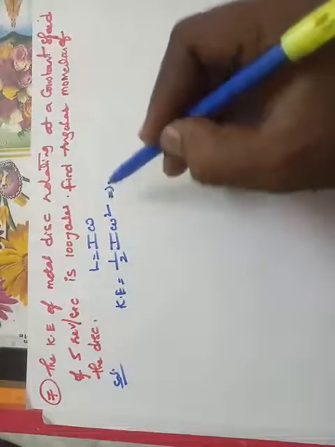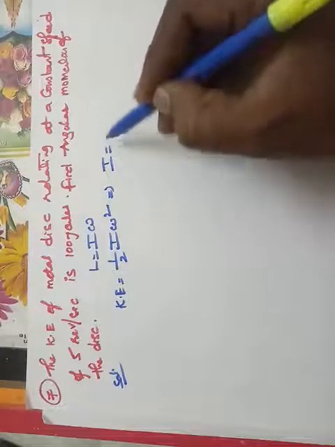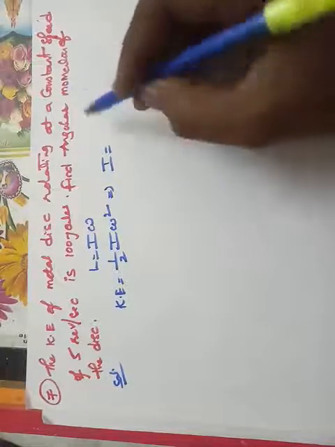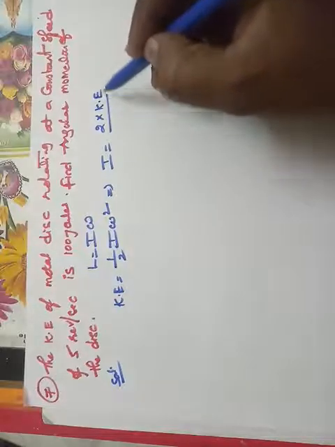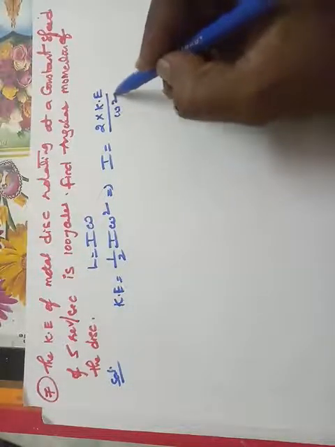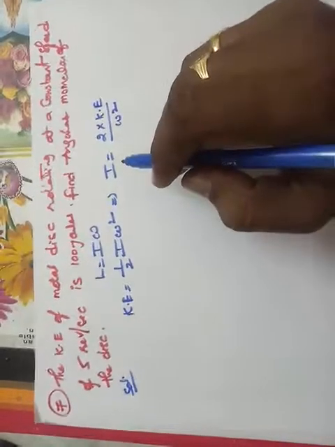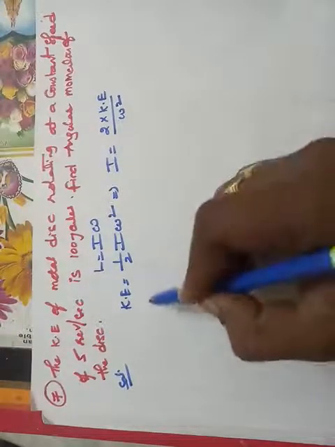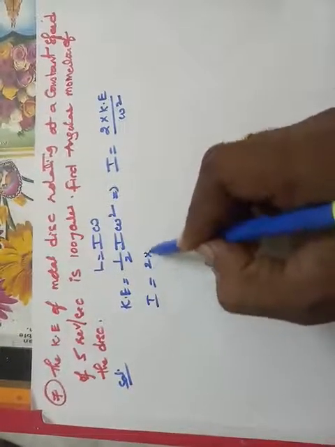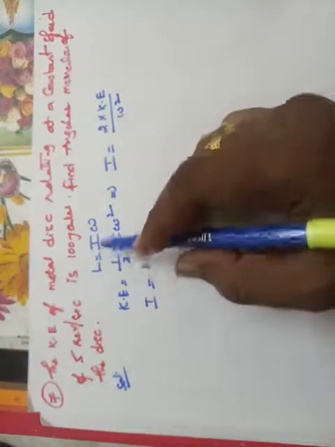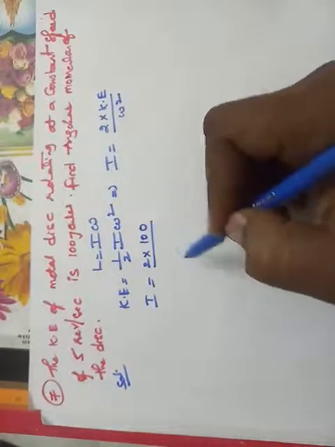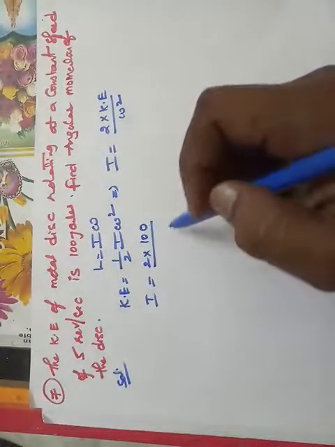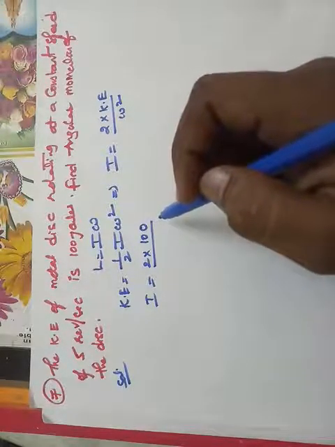So from this equation we'll get I equal to 2 into kinetic energy by omega square. Substitute all the values: I equal to 2 into kinetic energy, 100 joules, by omega square. So what is omega square?